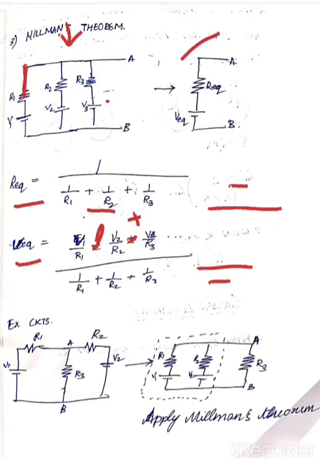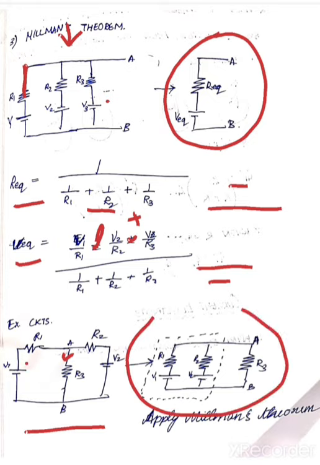And now you have to connect the circuit just like this and then solve the problem. For example, let us consider this circuit. In this circuit they have asked to find the current flowing through the branch AB, right? So you can rearrange this circuit as shown here, correct?